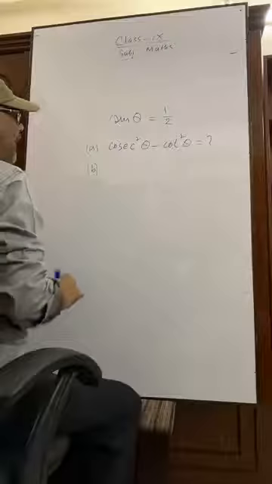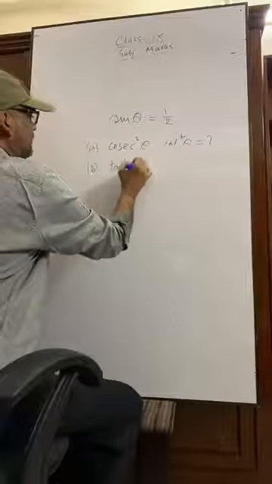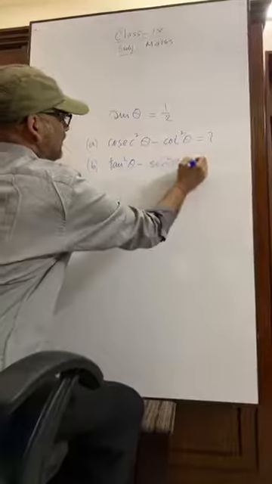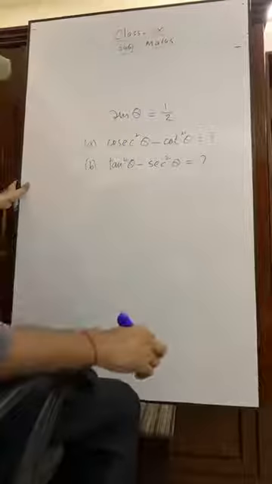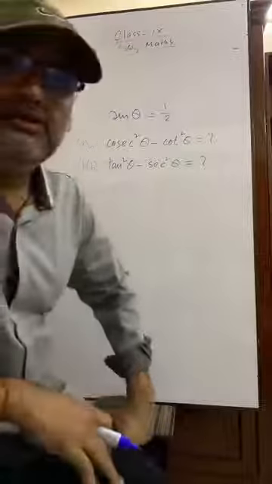Number B: tan square theta minus sec square theta equals to what? Can you do it? What is your answer?